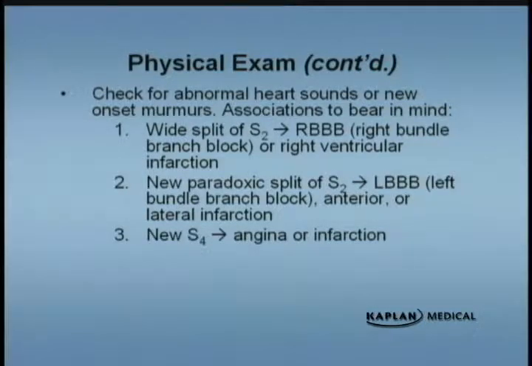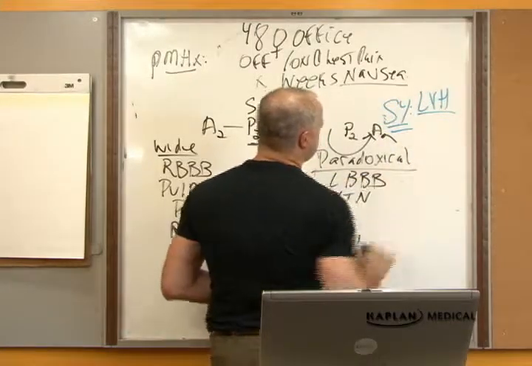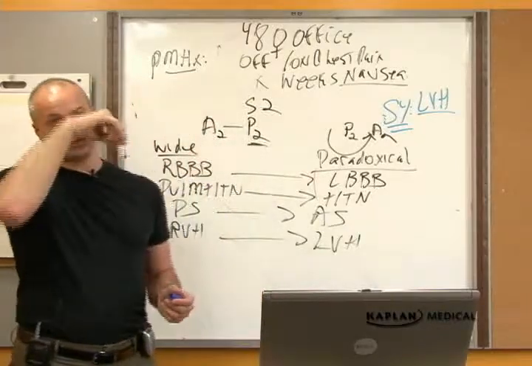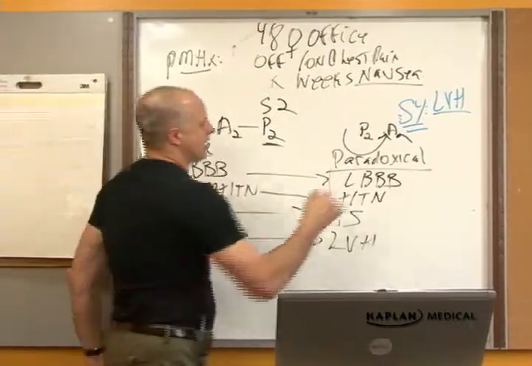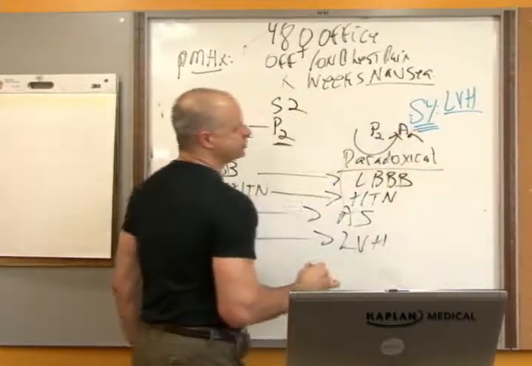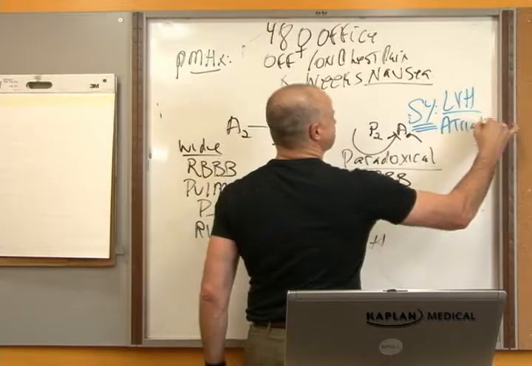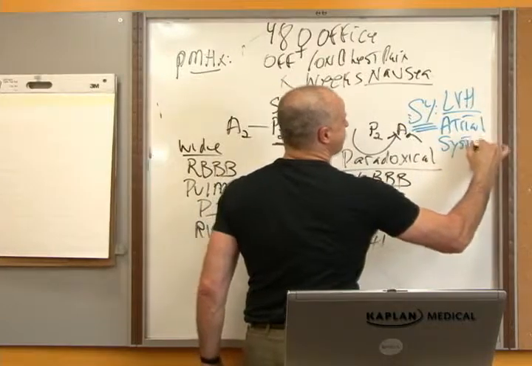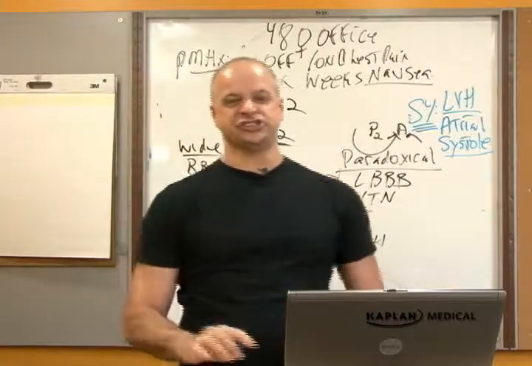An S4 gallop is a sign of left ventricular hypertrophy. It's the sign of atrial systole into a stiff or non-compliant left ventricle.